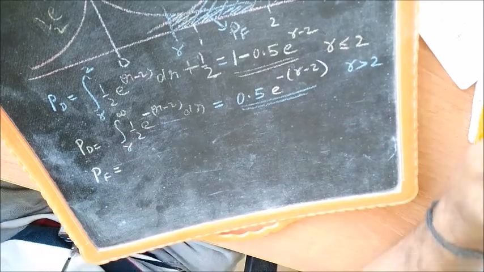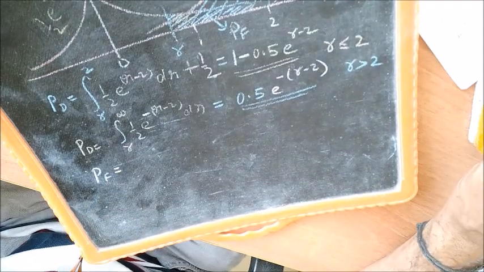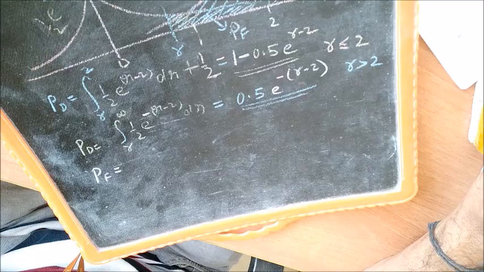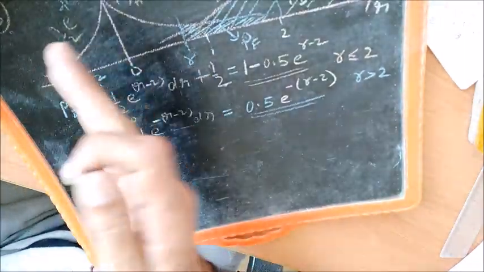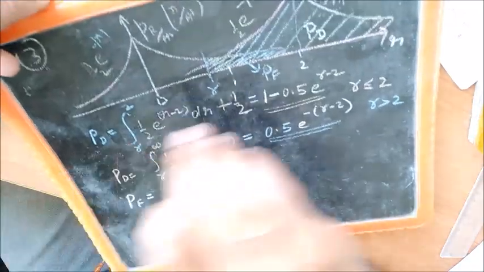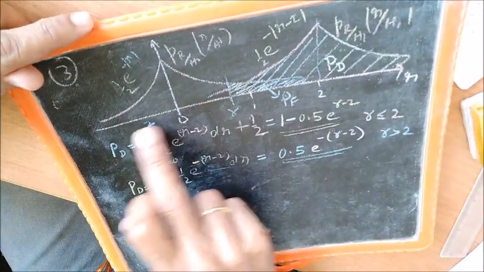So the probability of false alarm will be, again, let us take now gamma as less than 0. Gamma on this side, because gamma is less than 0.